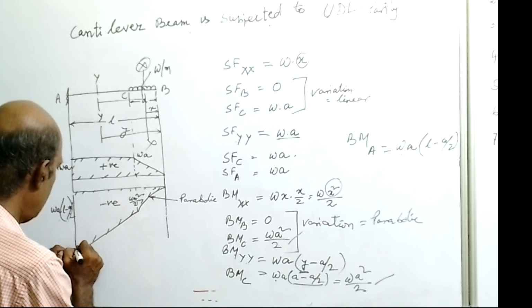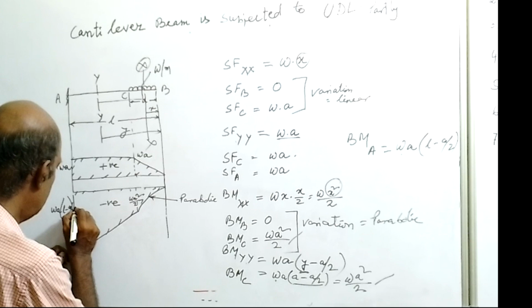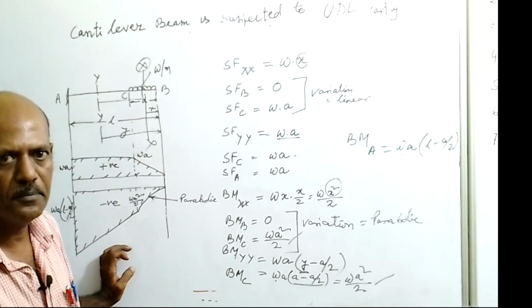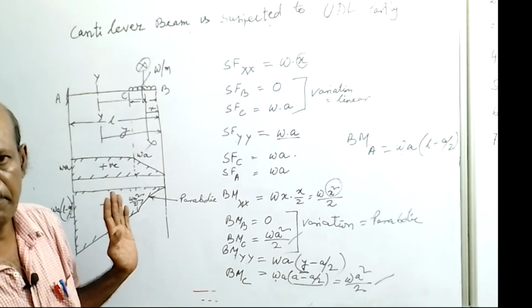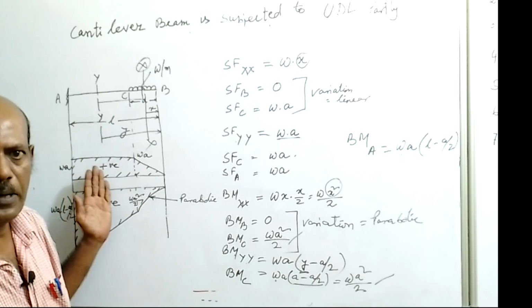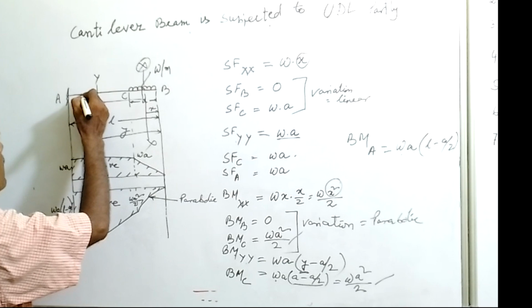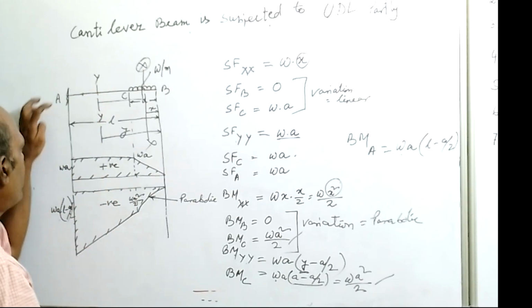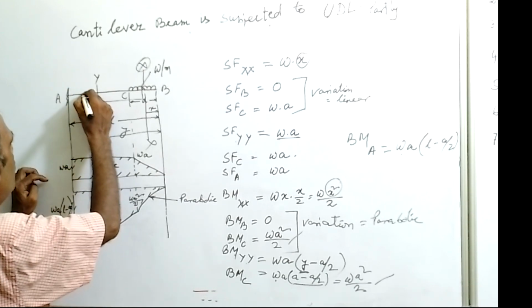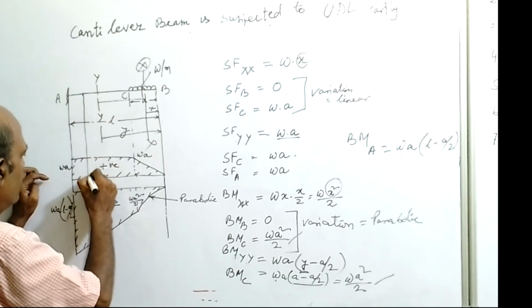Now in the last video we discussed the usefulness of this diagram. At any point of the beam we need to find the shear force or bending moment. At this point we want to find the shear force, so draw a vertical line.